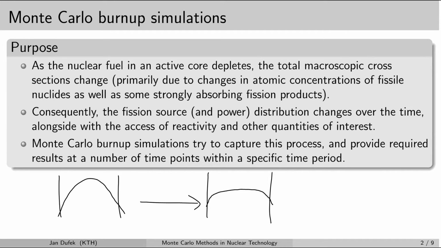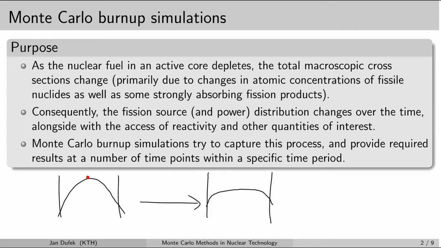So especially the thermal systems are very sensitive to xenon-135. So in the locations in which the power distribution is very large, more xenon-135 is being generated there.